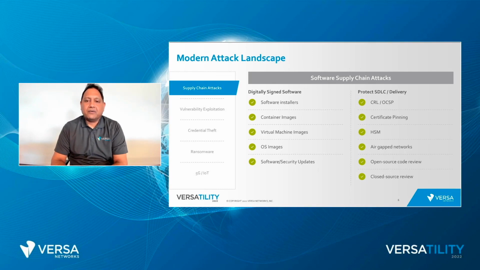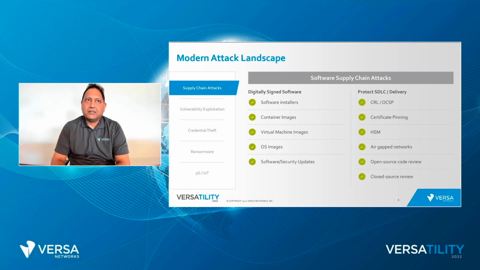The additional layer of hardening is to use certificate pinning. There is a tendency for many software vendors to get code signing certificates from the public certificate authorities. The issue with that is that anyone can get a code signing certificate from the public CAs, right?